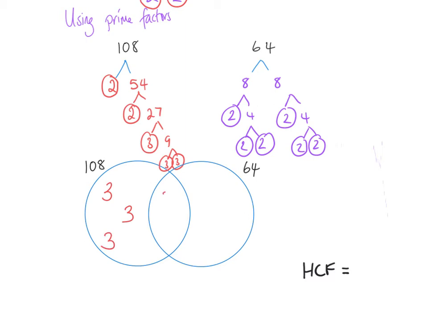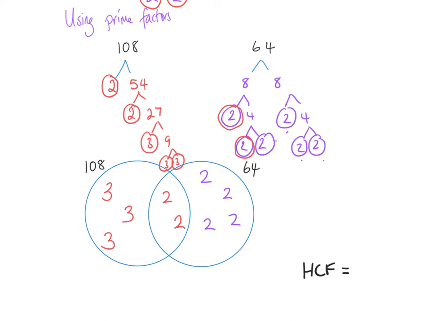But I can put the 2 2's in the actual circle here, because there are 2 2's over here that I can use. Because I've already used them, I'm then going to put the other 2's onto the far side. So the numbers in each circle here will times together to make 108, and the circle here will give me 64.